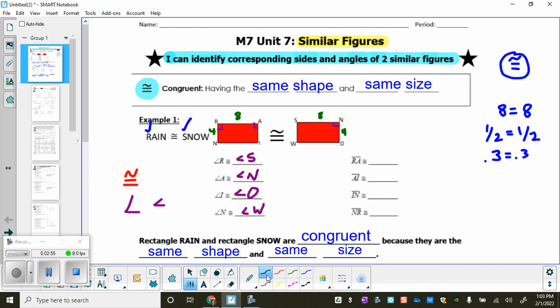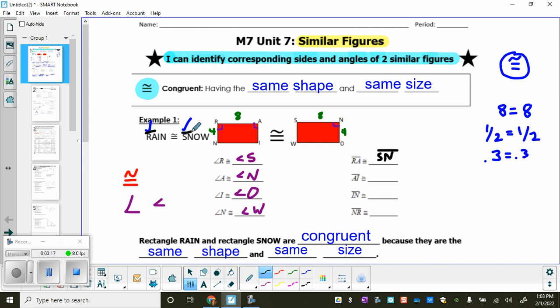Now, just getting comfortable here with some formatting things. When you see a line up above two letters, it's talking about a side. So if you see this, it's talking about side RA. So side RA here is equal to side SN over here. So I'm going to put SN. And friendly reminder that I can use the fact that RA right here, it's the first two letters.